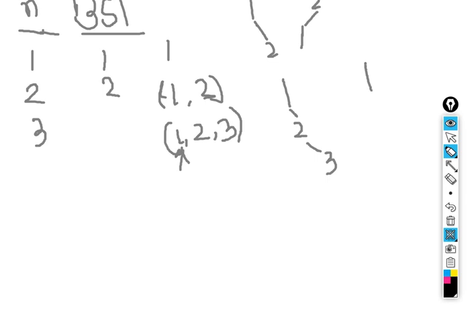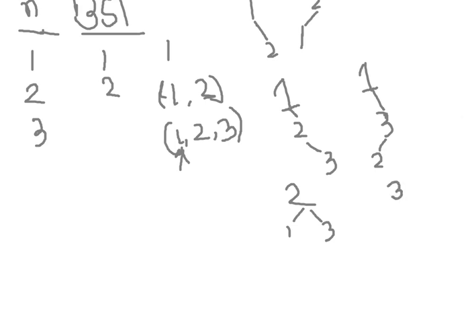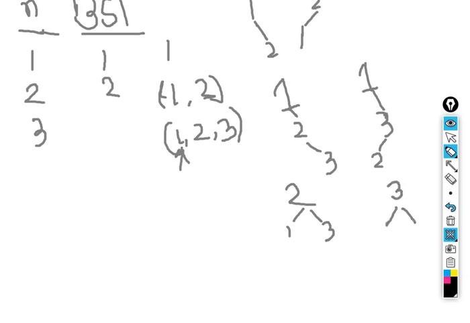This is one way. Or we can have 3 over here and then 2 over here. So these are the two ways when you can have 1 as the root. Now if I take 2 as a root, there is only one way, 1 on the left and 3 on the right. But if I take 3 as the root, then again I have two elements on the left side, so again two ways.